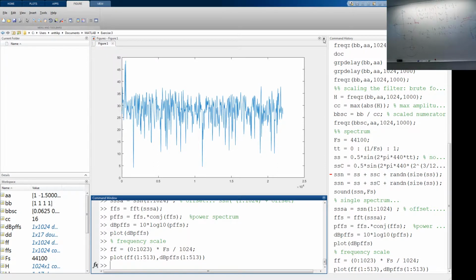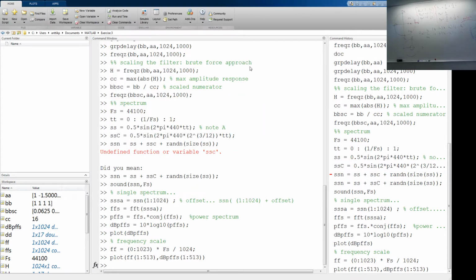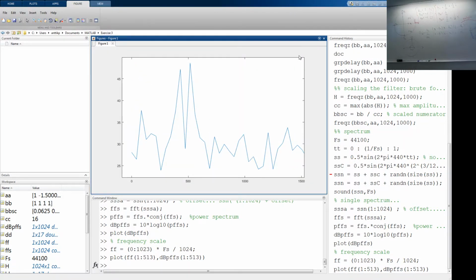Anyway, let me pop it out a little bit. Let's see which configurations. Let me undock it. So let's zoom a little bit. And dock it again.